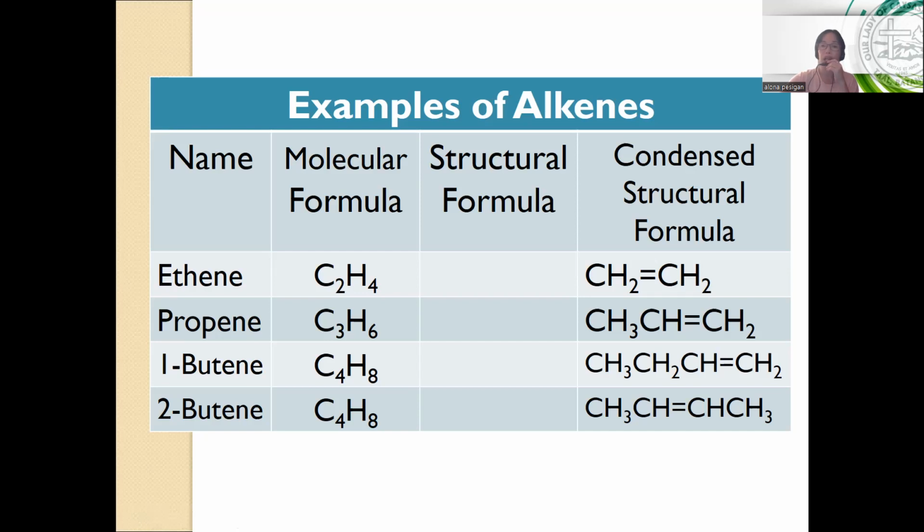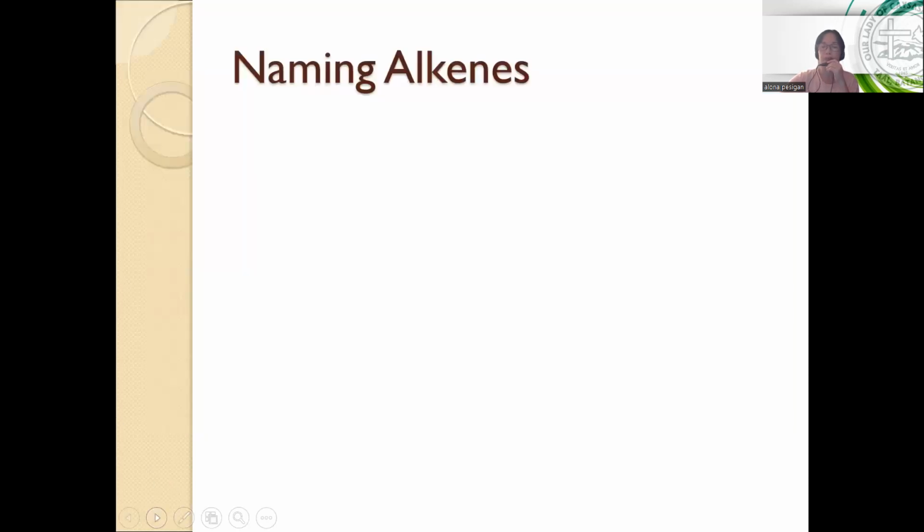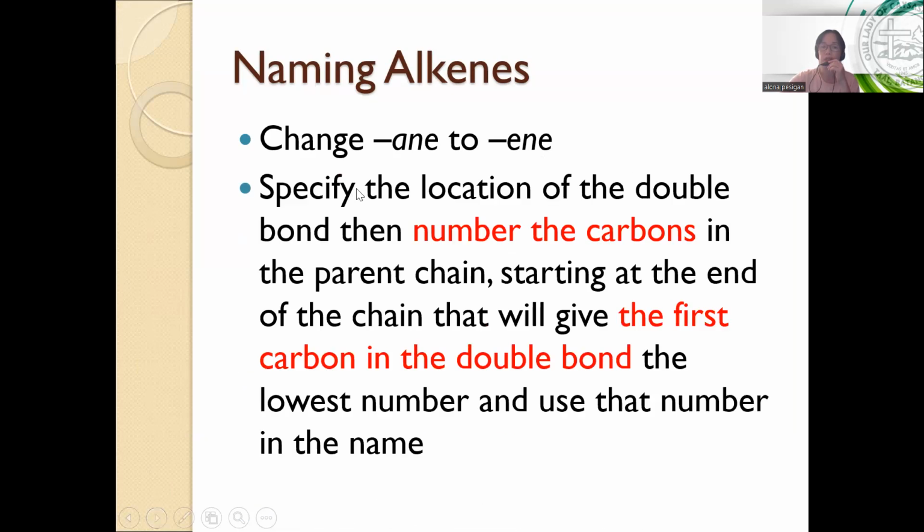So that's for alkenes. How are we going to name alkenes? You notice the ending: from ANE for alkane, it's now ENE. Specify the location of the double bond. Number the carbons in the parent chain starting at the end of the chain that will give the first carbon in the double bond the lowest number, and use that number in the name.